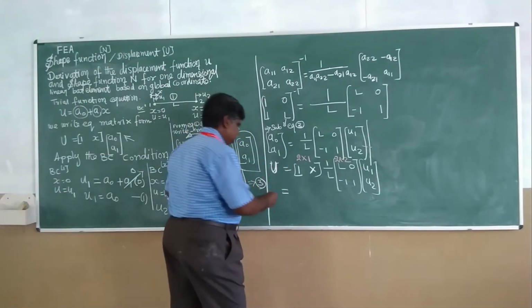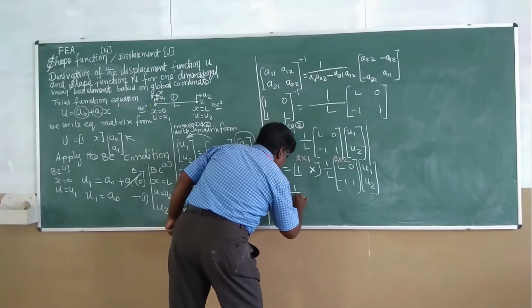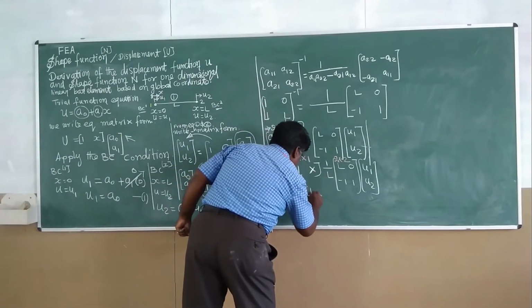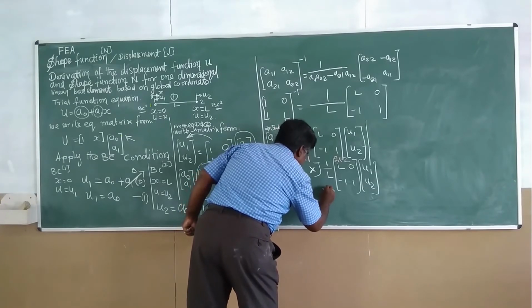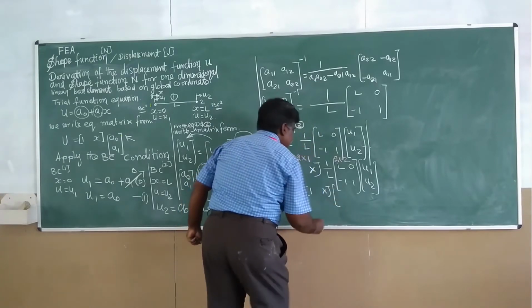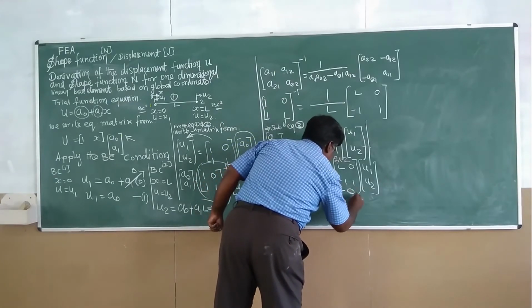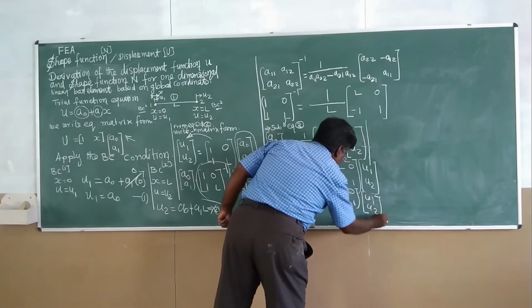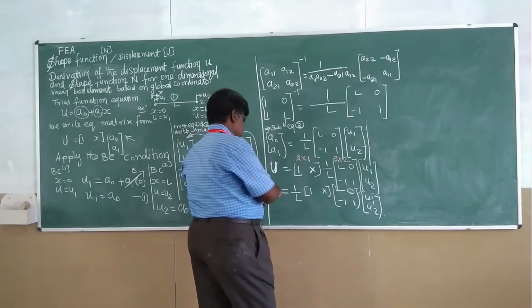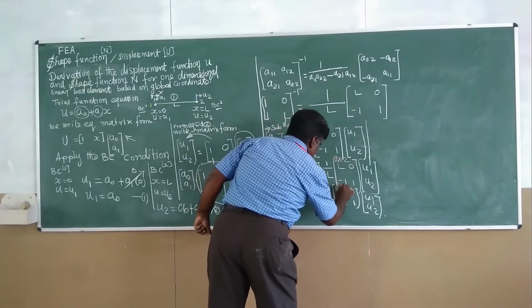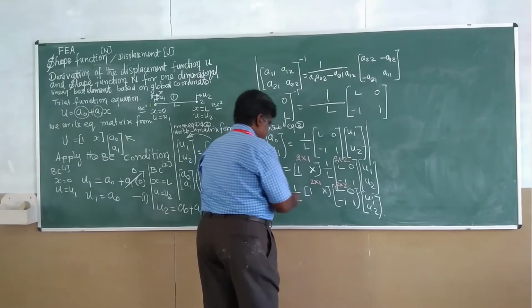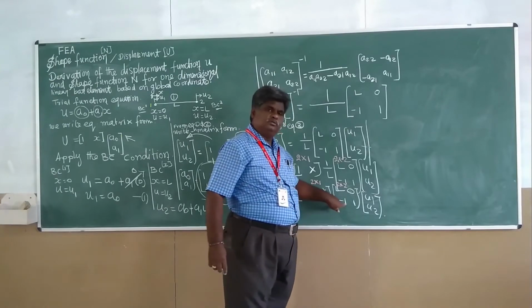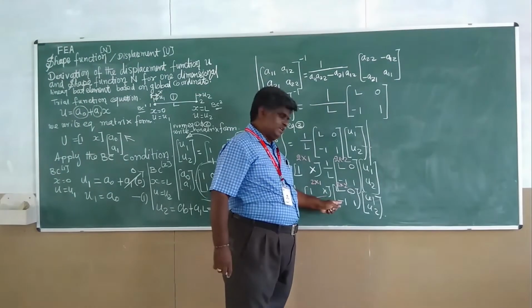Rewriting this equation, 1 divided by L outside. So we have to multiply: 1 into L, then x into minus 1, minus x.